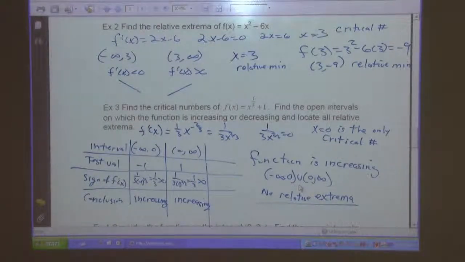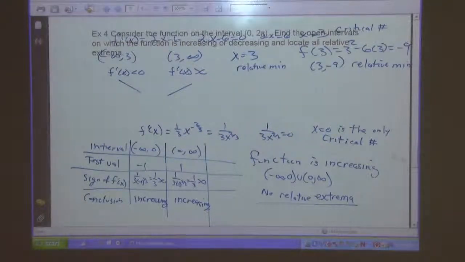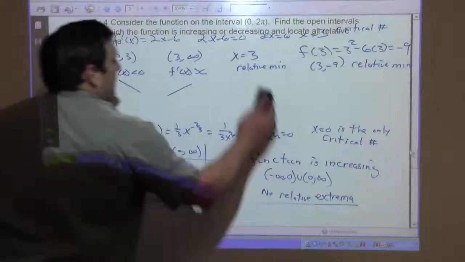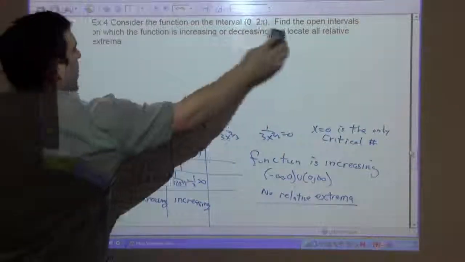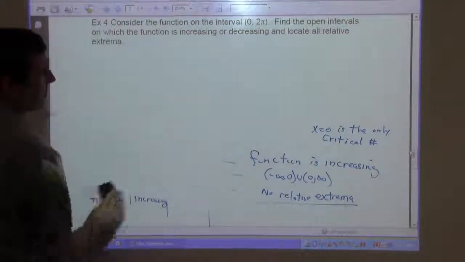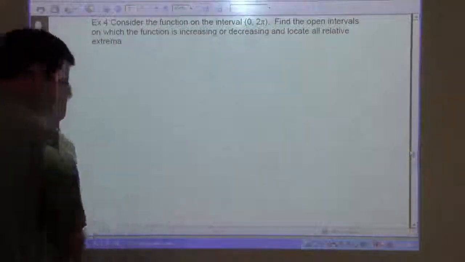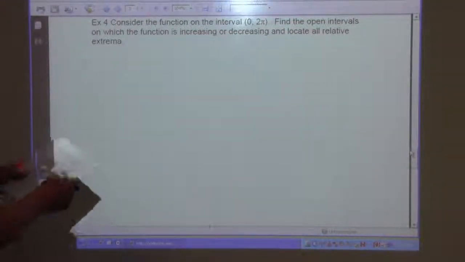Okay, I'm going to go on to example 4 here, so pause if you need to pause. On example 4, let's just consider the function on the interval from 0 to 2 pi. Find the open intervals on which the function is increasing or decreasing, and locate all relative extrema. Oh, I didn't have a function.